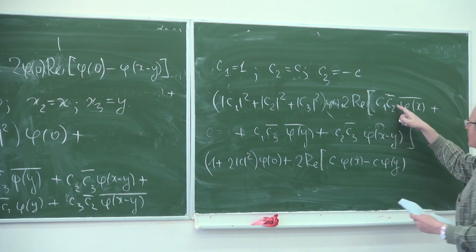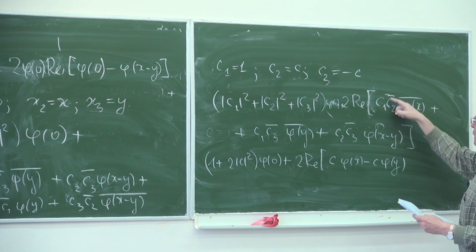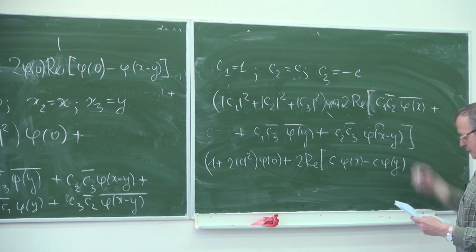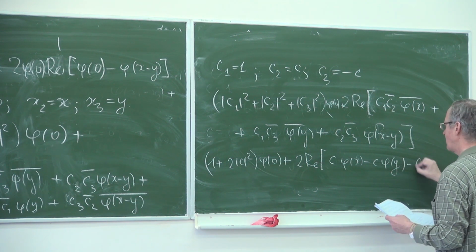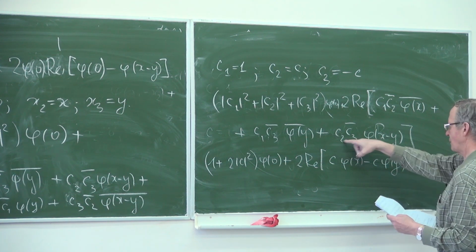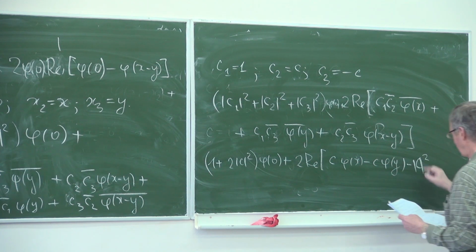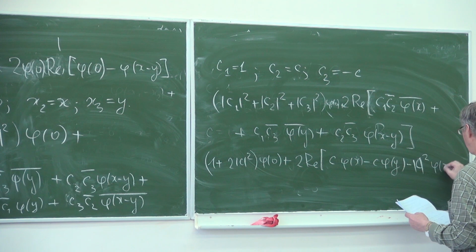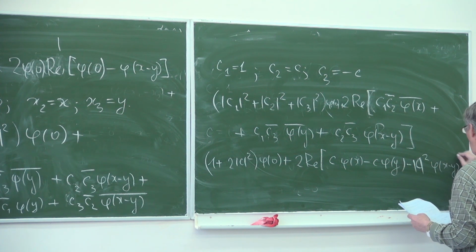Well, I did remove this bar after putting c1 equal to 1 because it is the same. Minus c squared, so here it is the absolute value of c squared phi of x minus y.